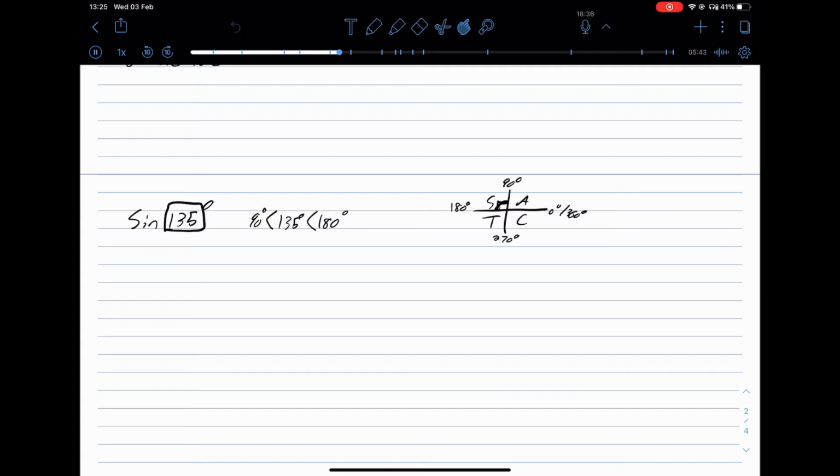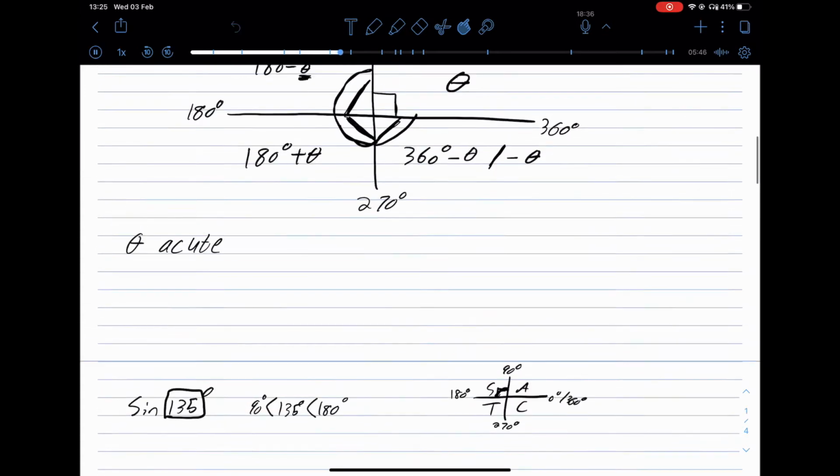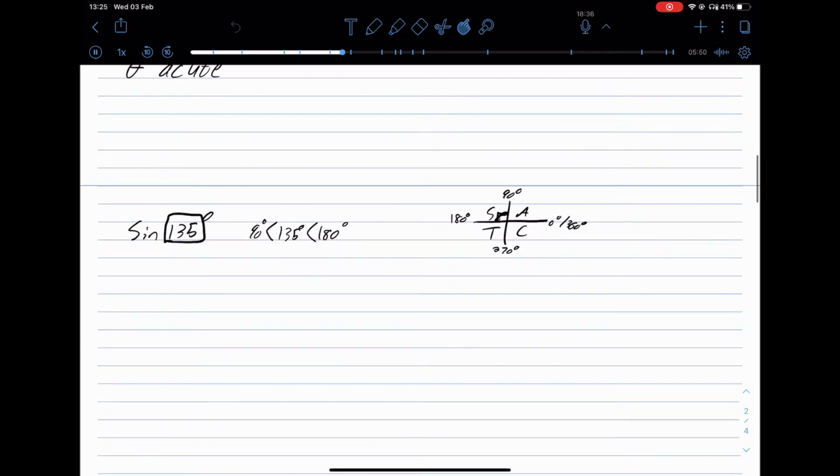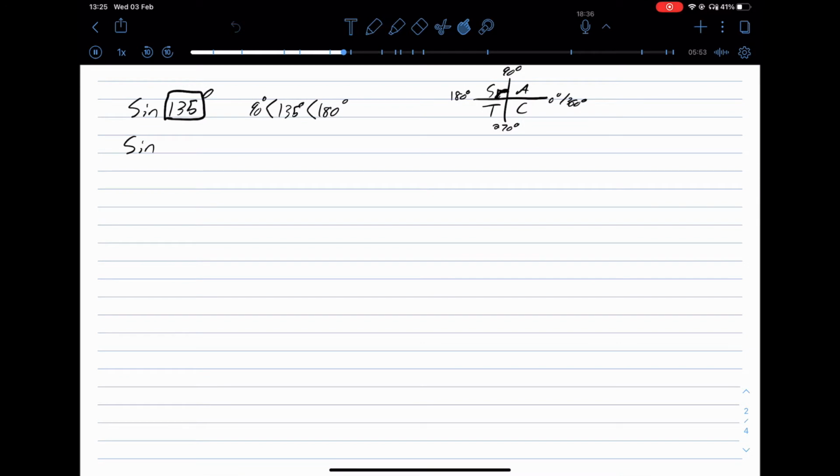Recall that in the second quadrant, our reduction is 180 minus theta. So we have to show 135 degrees to be equal to 180 minus some theta. Now we just do some simple arithmetic to find what theta is. And we can solve for theta equals 45 degrees.